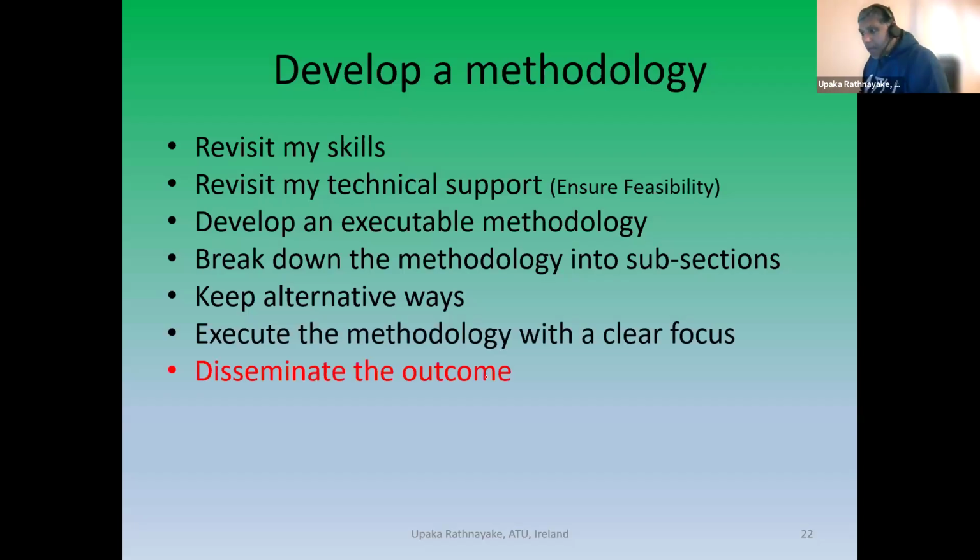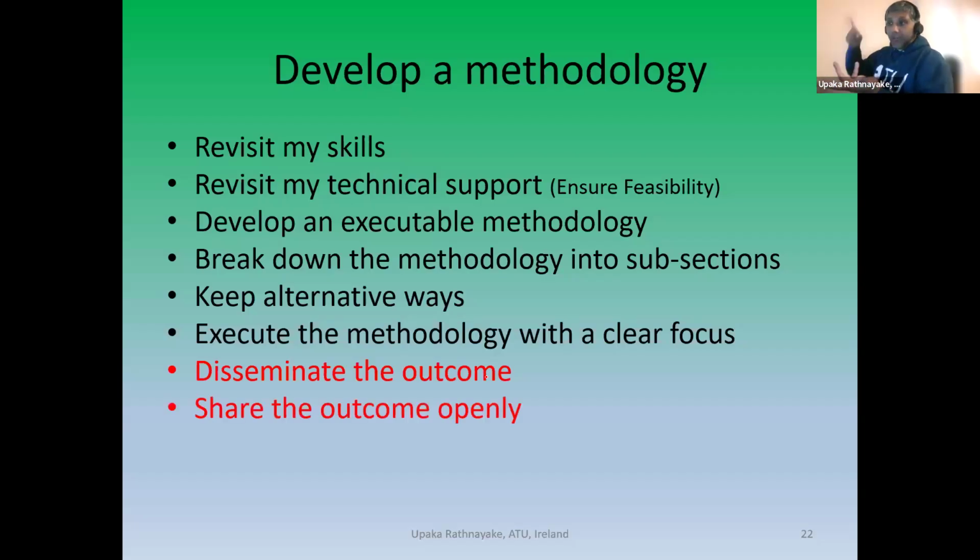And one of the most important aspects of turning a problem into research work is that you need to disseminate it. If not, no one knows about your work. So you have to disseminate the outcome. When you disseminate the outcome, it could be a conference paper, it could be a forum talk, it could be a journal paper, at least it could be a newspaper article.